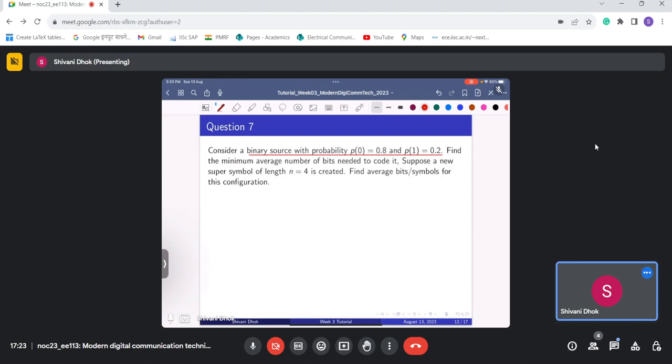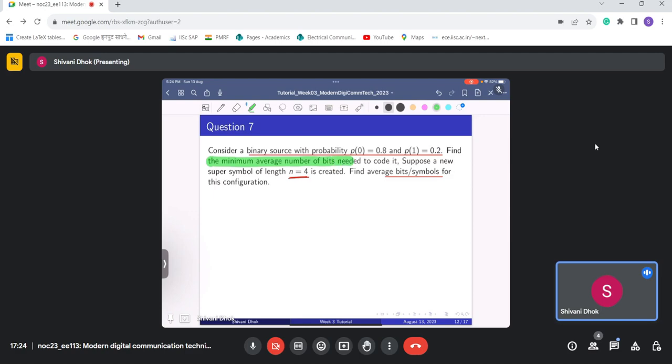Now suppose a new super symbol is created with length 4, that is, the super symbol consists of 4 symbols. Then find the average bits per symbol for this configuration. Okay, so first we'll do this simple thing.